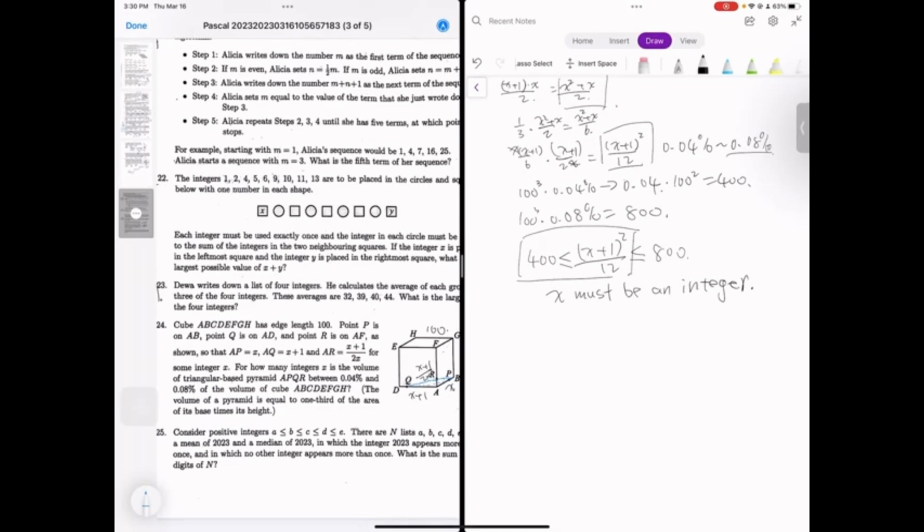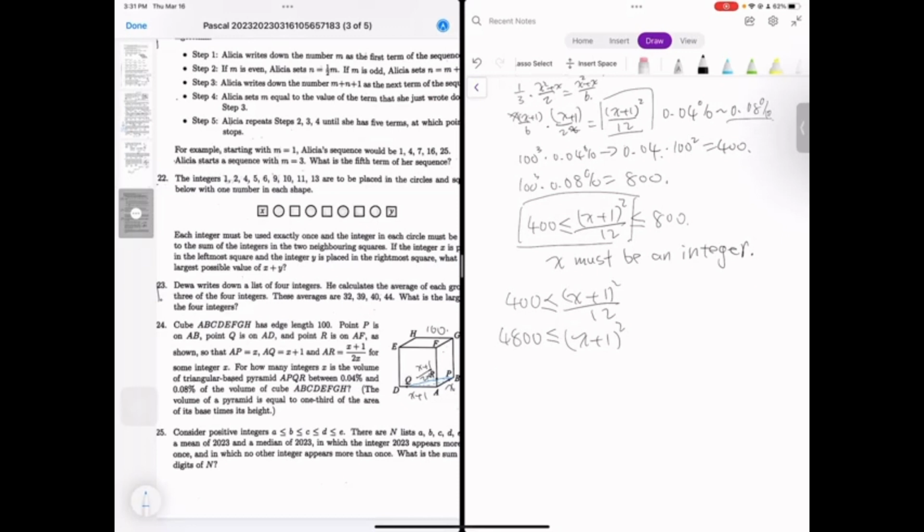So we know that if 400 is less than or equal to x plus 1 squared divided by 12, then 4800 is less than or equal to x plus 1 squared, and then we square root both sides, so it becomes 69.282 something, which is less than or equal to x plus 1.